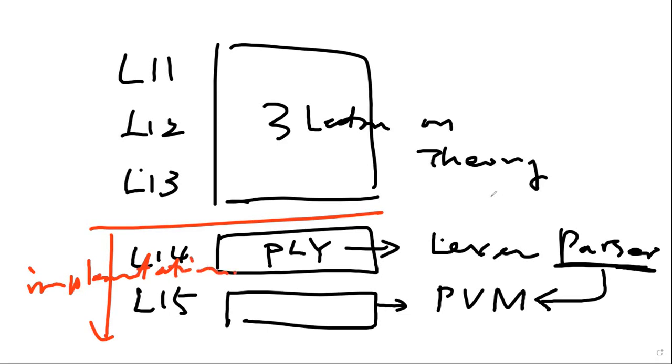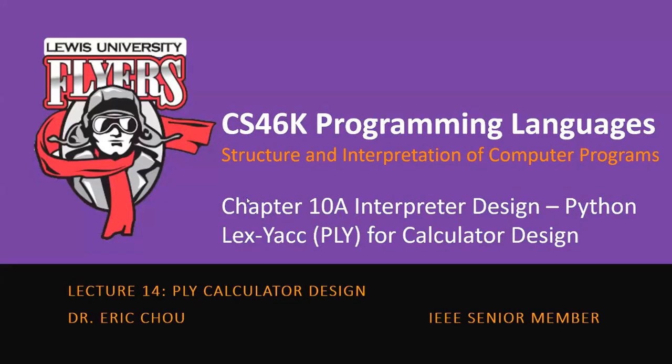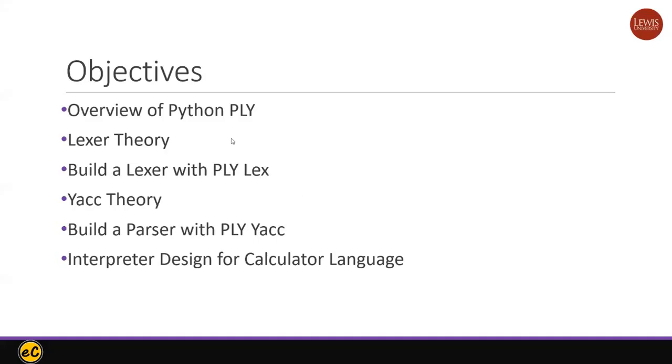So today we are on the PLY language, okay? And we are on the PLY system, Python Lex and Yacc, okay? So this one is an example of using PLY to design the calculator language design, okay?